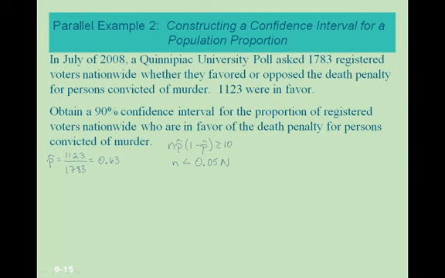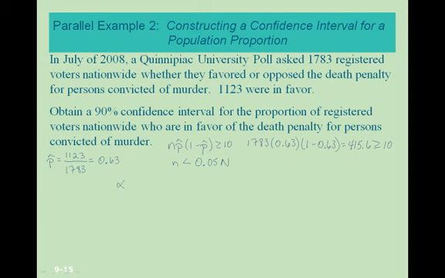In the first case, we have 1783 times 0.63, and then times 1 minus 0.63, which will give us about 415.6, and that is definitely greater than or equal to 10. And our sample size, the 1783, is definitely less than 5% of the population size, since the population would be all registered voters, which is in the billions. So we know we're less than 5% of that.